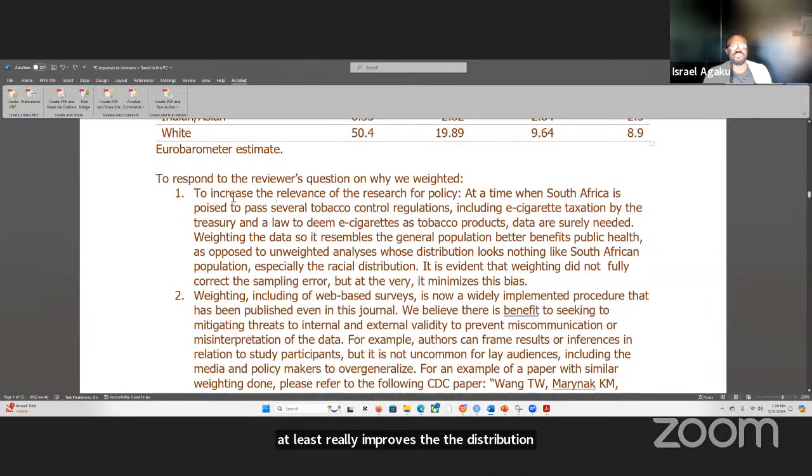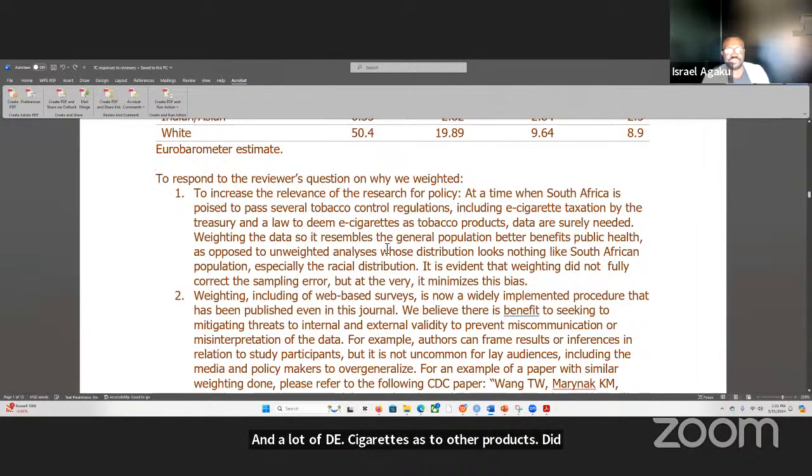So now, to respond to the reviewer's question on why we weighted, 1 is to increase the relevance of the research for policy. At a time when South Africa is poised to pass several tobacco control regulations, including e-cigarette taxation by the Treasury and the law to deem e-cigarettes as tobacco products, data are surely needed.